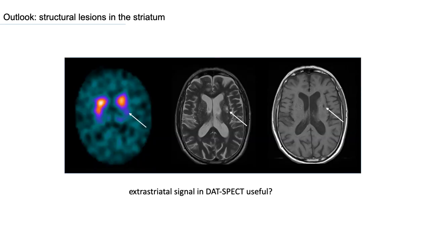However, extrastriatal signal in DAT SPECT might provide independent information if the striatal signal is compromised, for example in the case of striatal lesions. This might be tested in future studies.